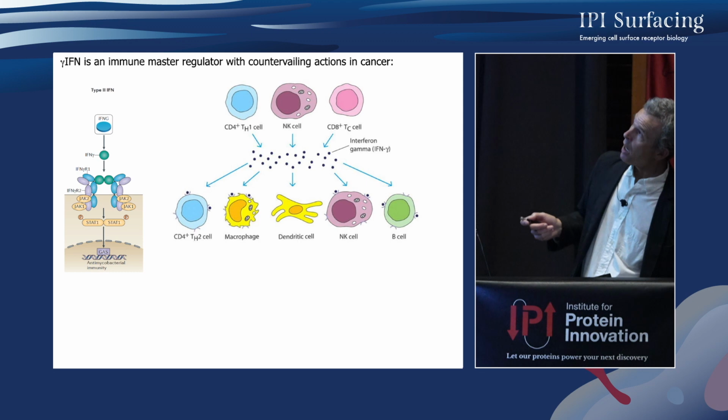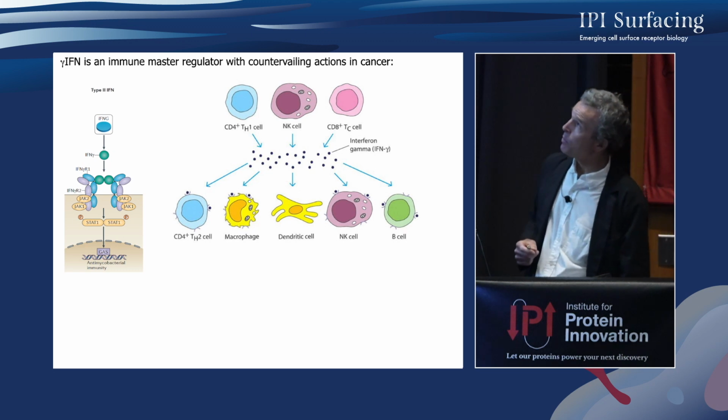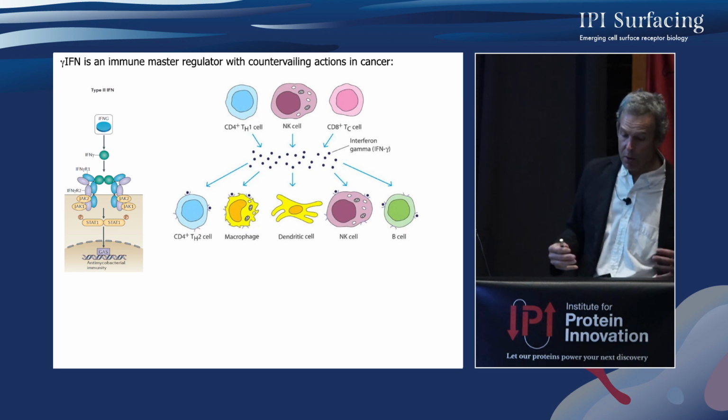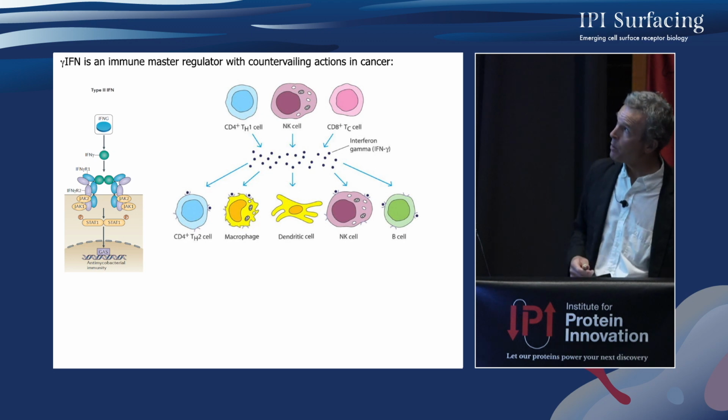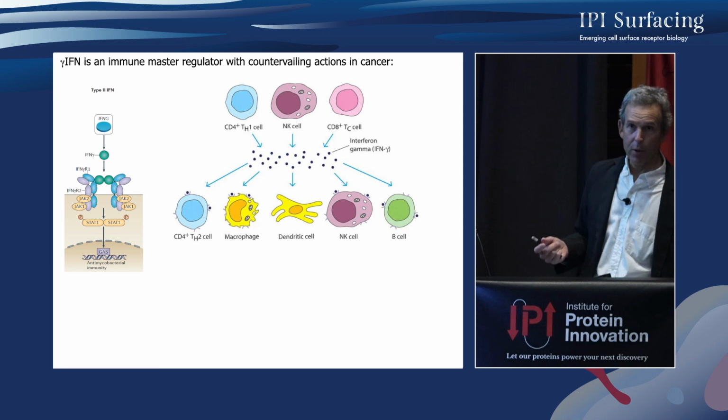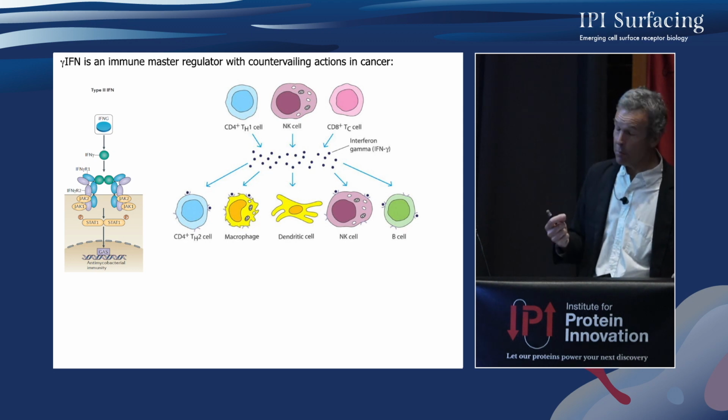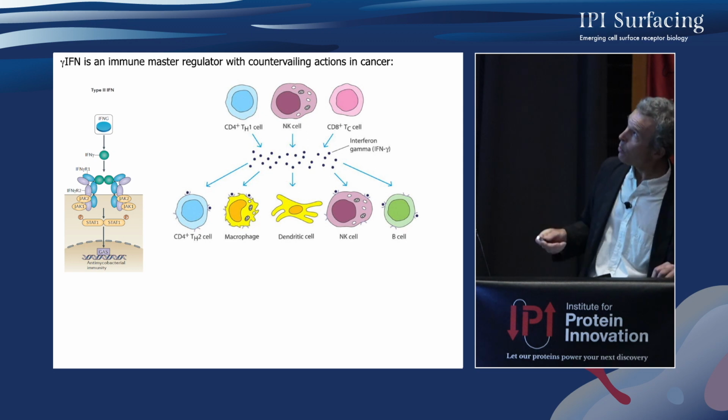Another cytokine that we've been working with is gamma interferon, the other master regulator of the immune system. Gamma interferon is one of the most pleiotropic cytokines. Most immune cells have gamma interferon receptors, and it's been really impossible to use as a therapeutic because it does so many different things. It's one of my other pet obsessions in the lab, harnessing gamma interferon for immunotherapy.